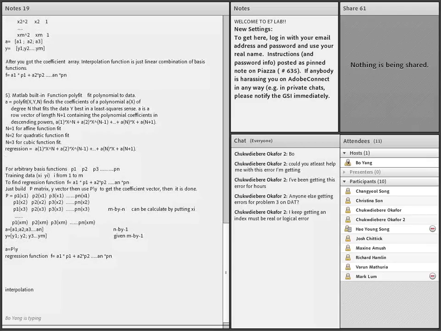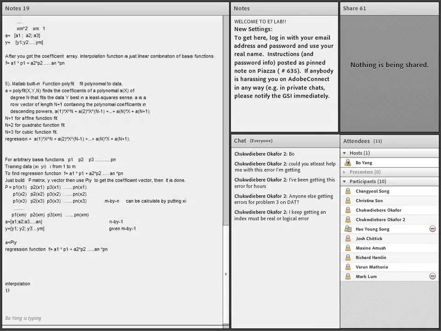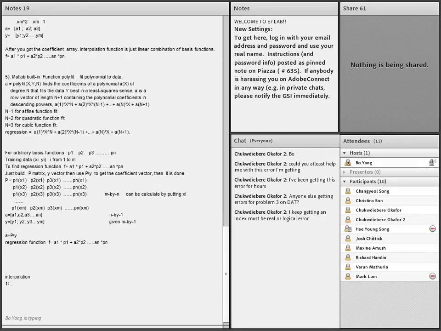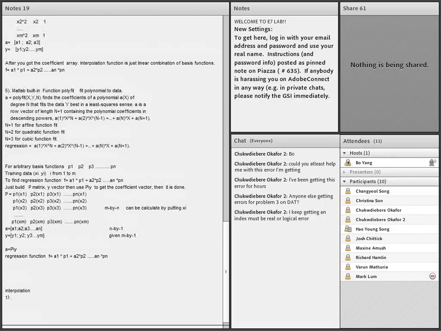For interpolation, first, as we mentioned, interpolation is to find a function that just passes through all the training data.